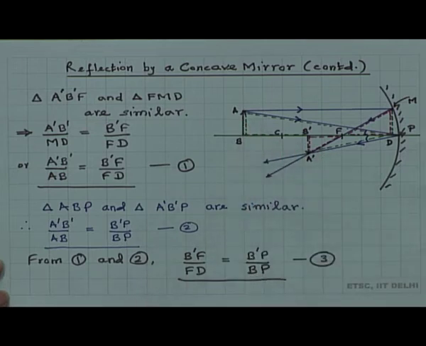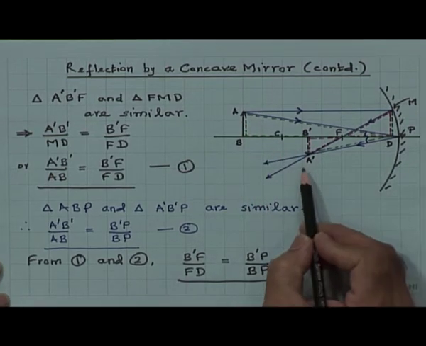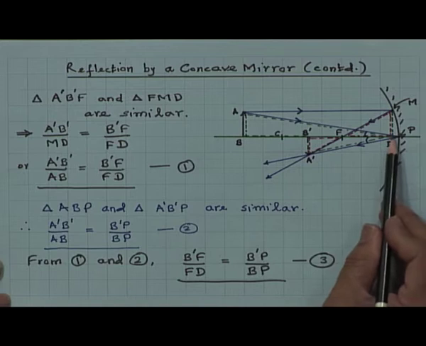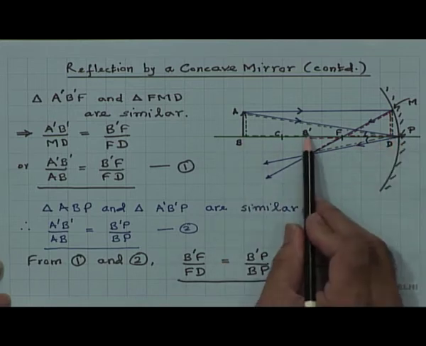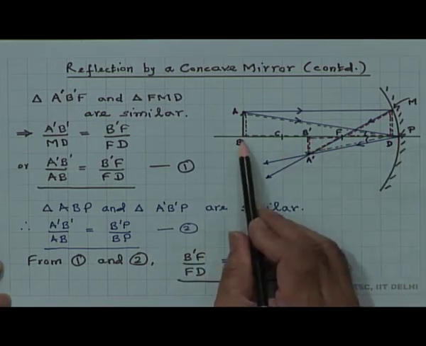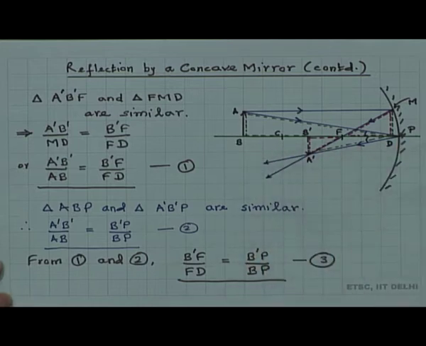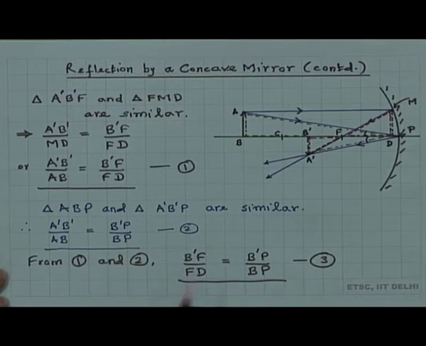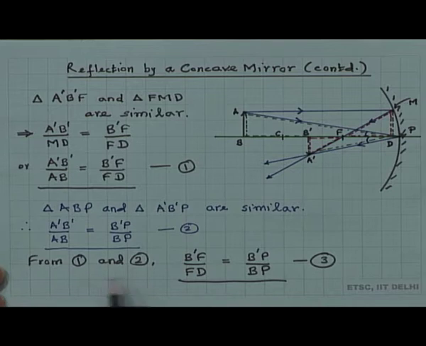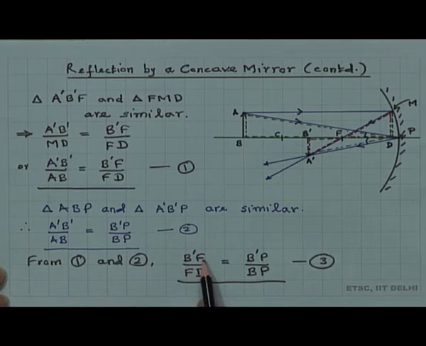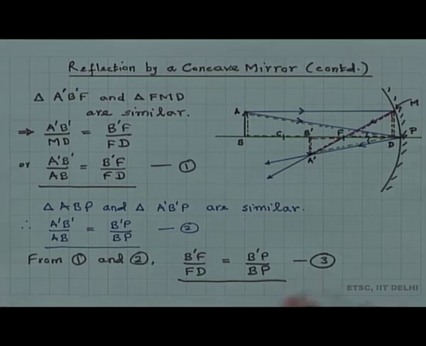So, all the three angles are equal, and therefore, the ratio A dash B dash by A B must be equal to B dash P by B P, that is the ratio of the sides. So, A dash B dash by A B is equal to B dash P by B P. Let me denote it as equation 2, and therefore, from 1 and 2, the left hand sides are the same, and therefore, we have B dash F by F D is equal to B dash P by B P. Let me call this equation 3.